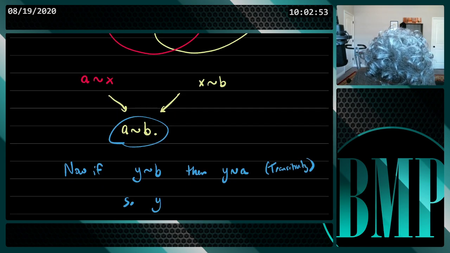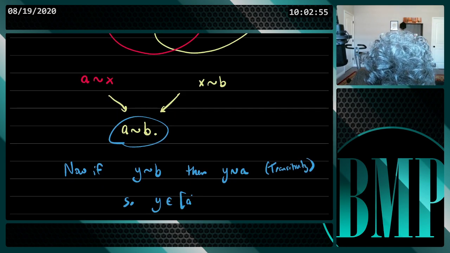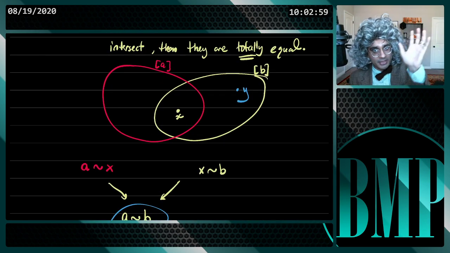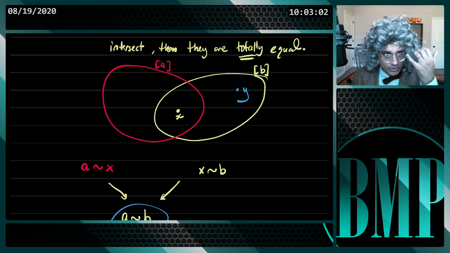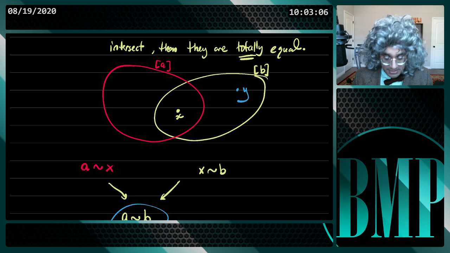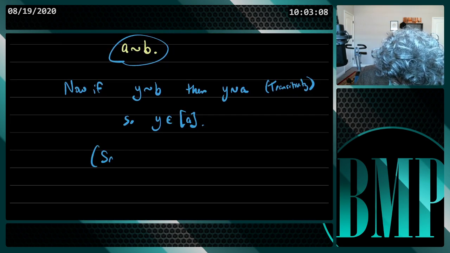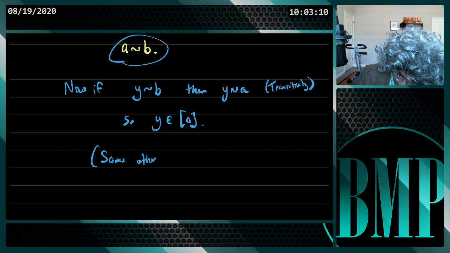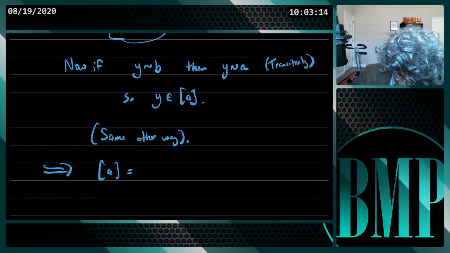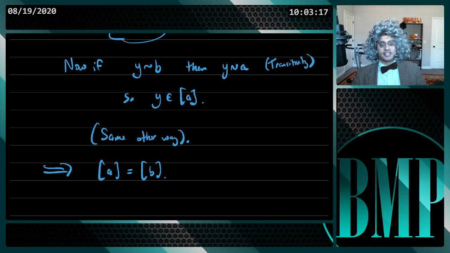And so Y is also in A's equivalence class, and the same argument goes the other way. And so these two sets, equivalence class A and equivalence class B, are the same set.